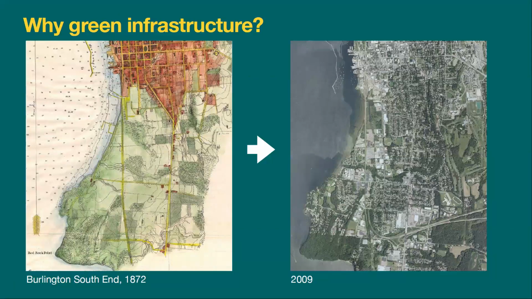So why do we need green infrastructure, and also why do we need rain gardens? We have seen a big expansion of development. You can see obviously Burlington South End is a little bit more densely developed than out here, but in the Mad River Valley we are also seeing more development, and it's a lot steeper slopes.